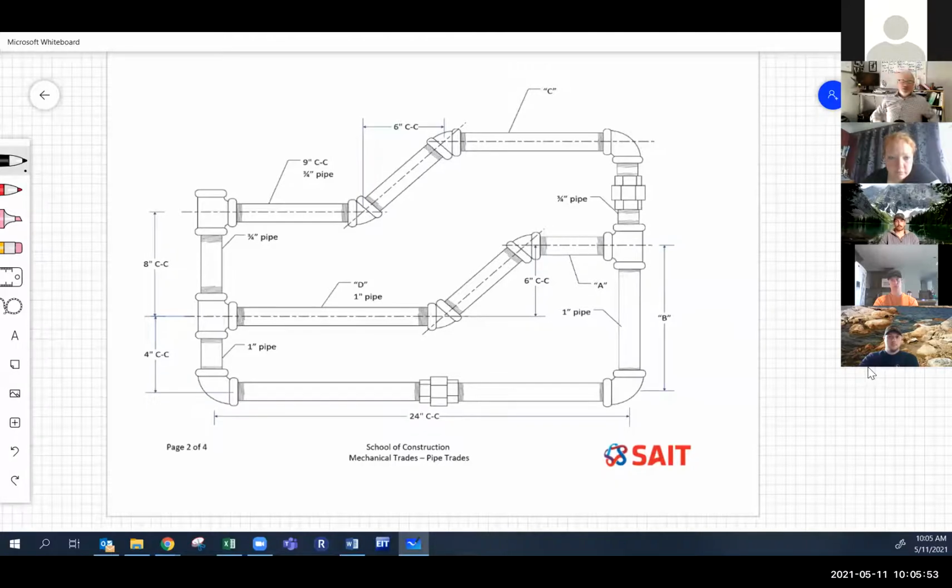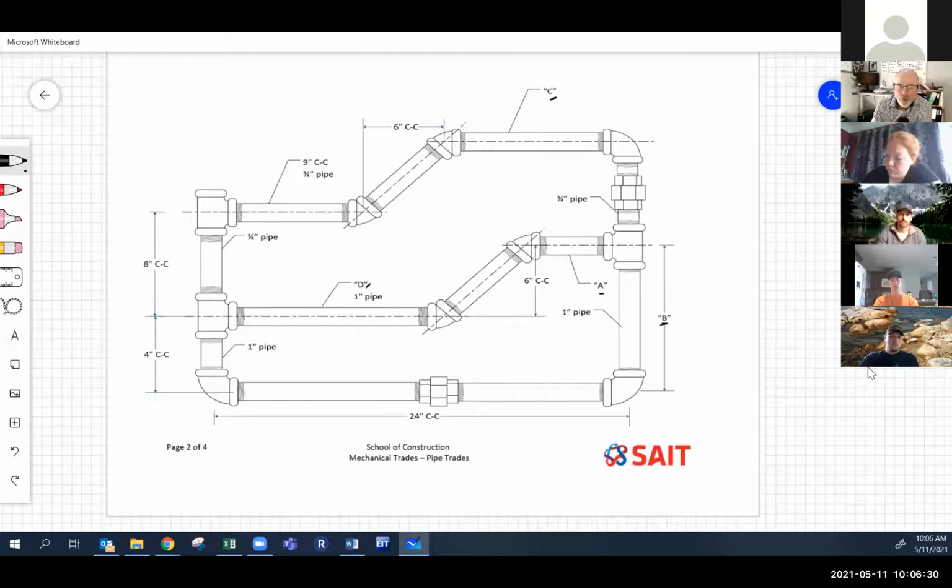Okay. So if you have a printable or printed version of this, you can write down your answers on this as well. So what we want to do is we have to determine our pipe A, our pipe B, our pipe C, and our pipe D. These are the measurements that are not given on this picture.